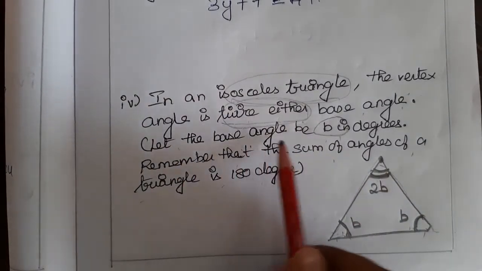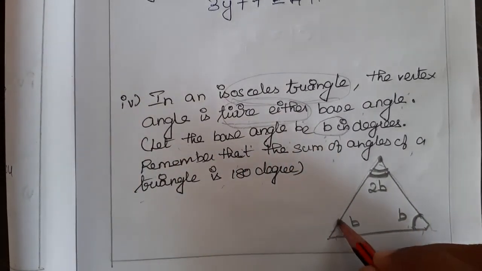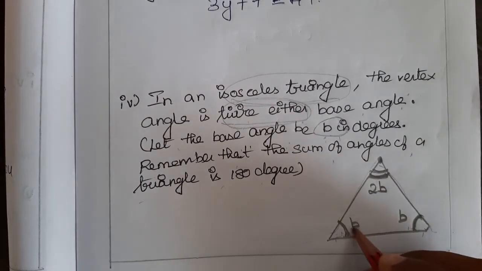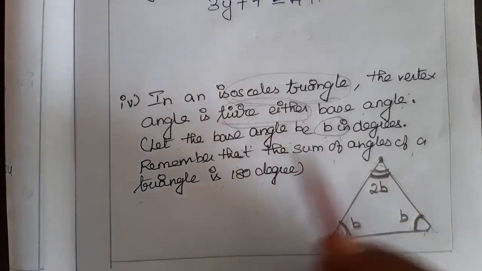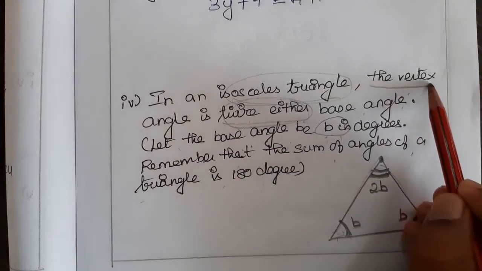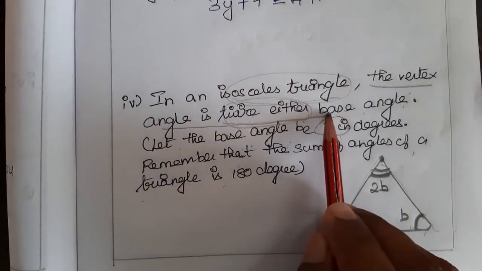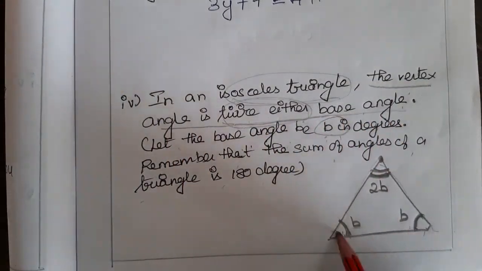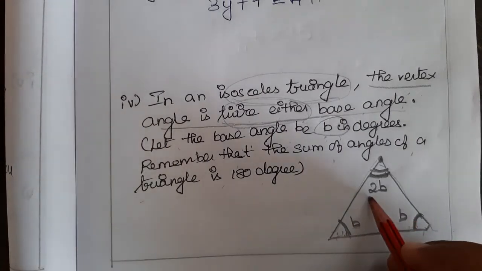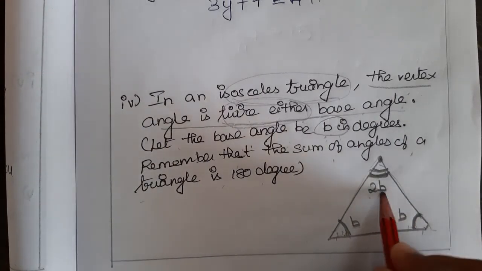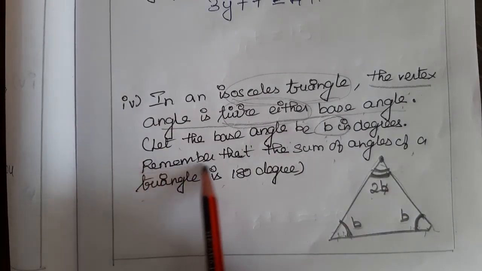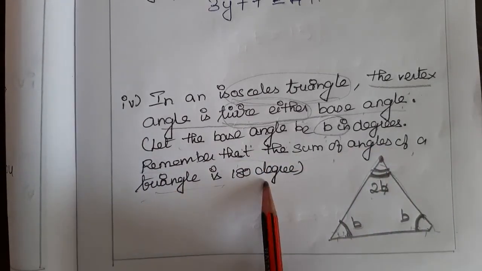And they say to let the base angle be B. Both base angles are the same, so we consider both as B. And for the vertex angle, the condition is given. The vertex angle is twice either base angle. So either base angle is B, and twice means 2 times, so 2B. So at last you have to remember this. The sum of angles of a triangle is 180 degrees.